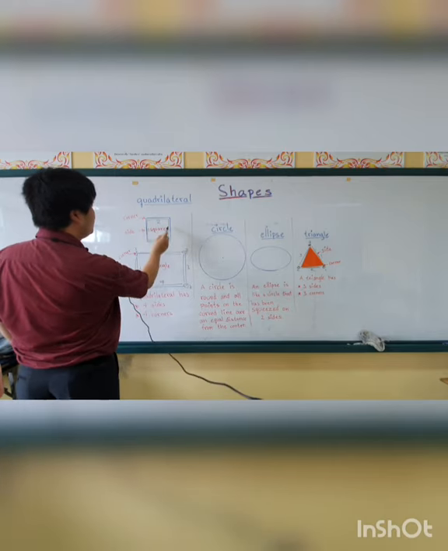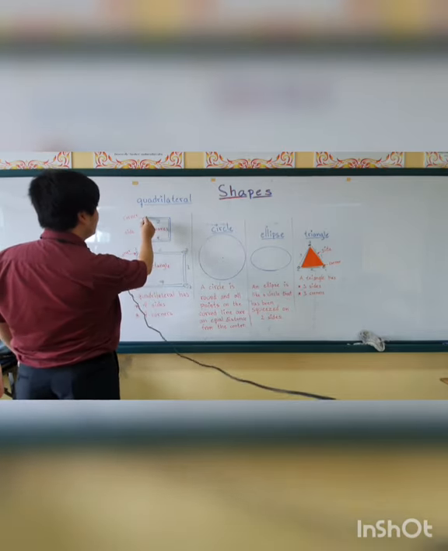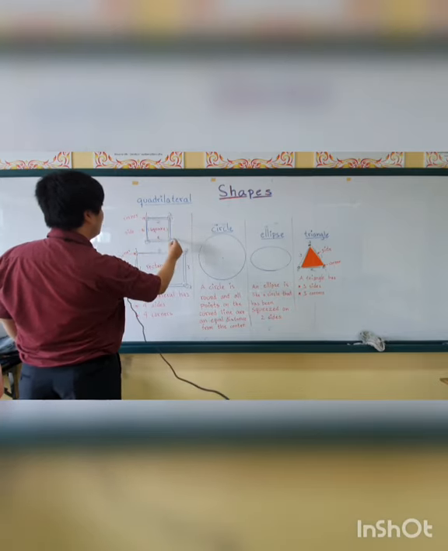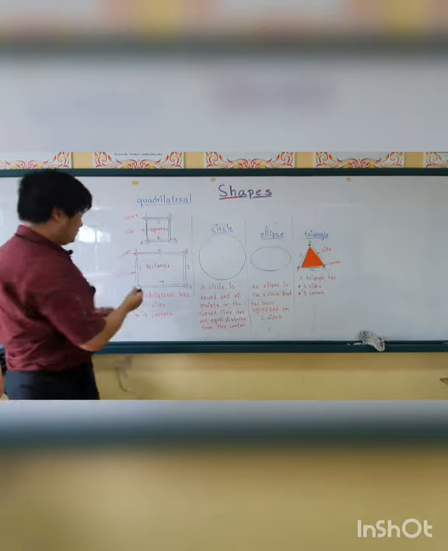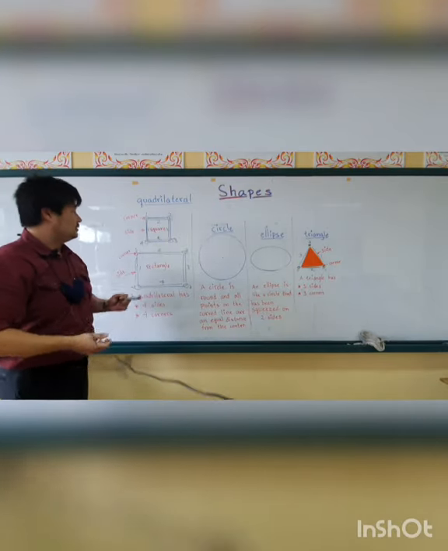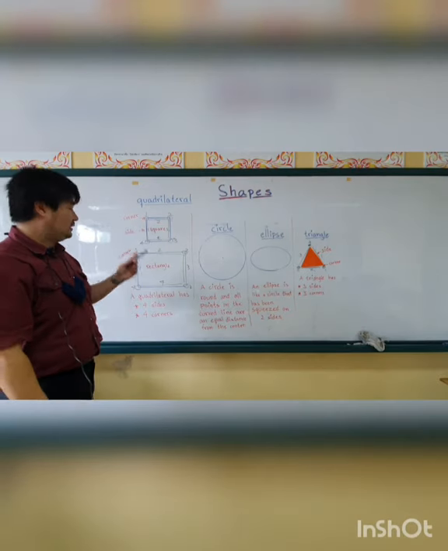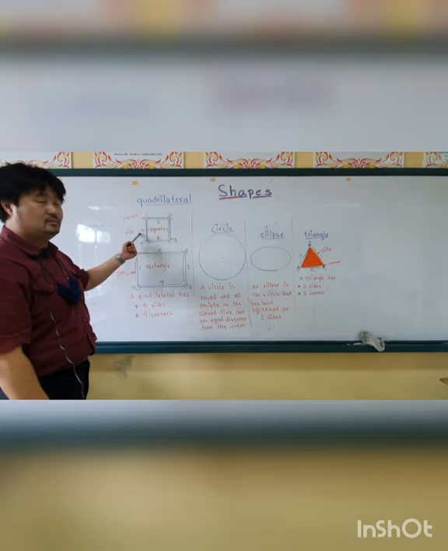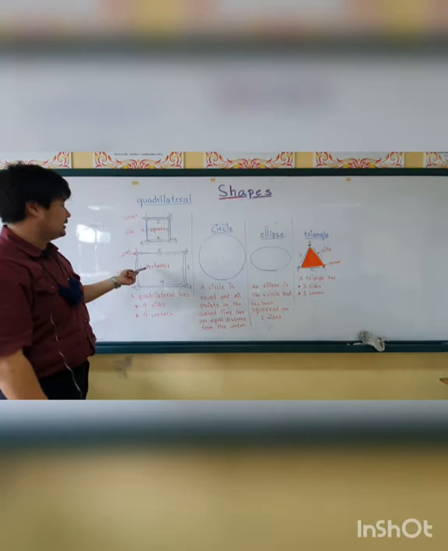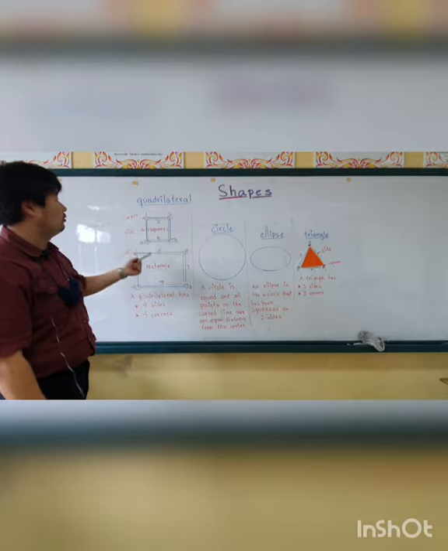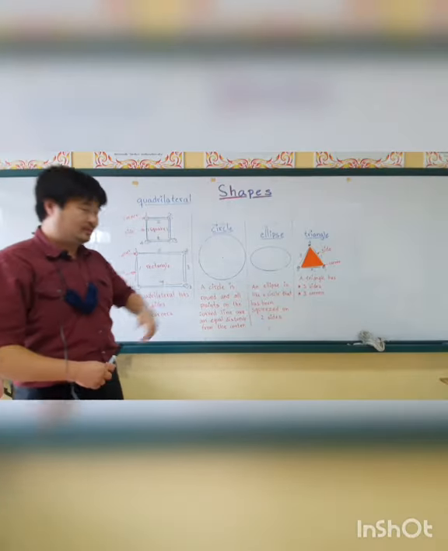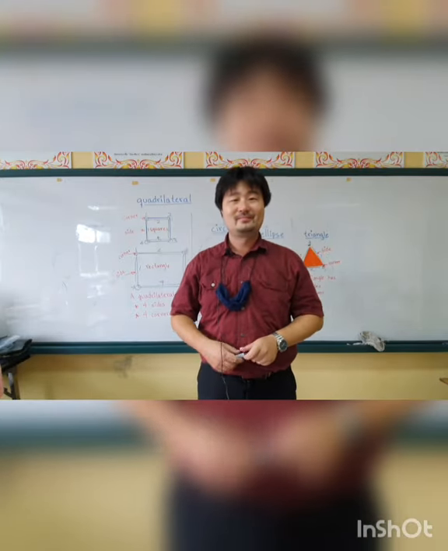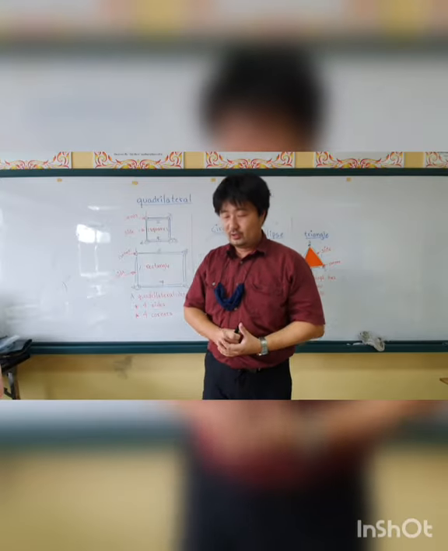See, 4 sides, and how many corners? 1, 2, 3, 4. 4 corners. So the definition of a quadrilateral is that it has 4 sides and 4 corners, which the square has. And also a rectangle has that. So they are both quadrilaterals. Okay, do you understand? All right, good.